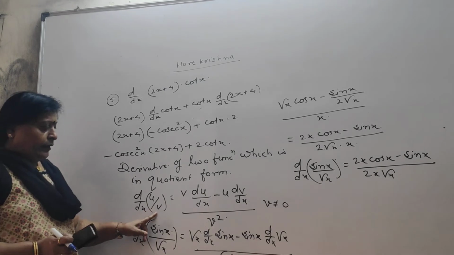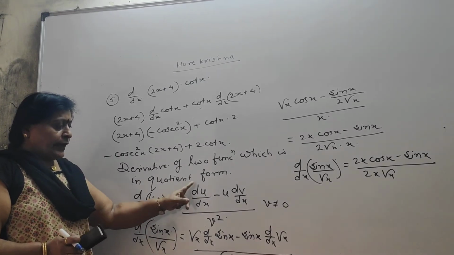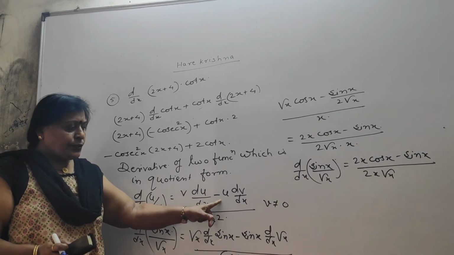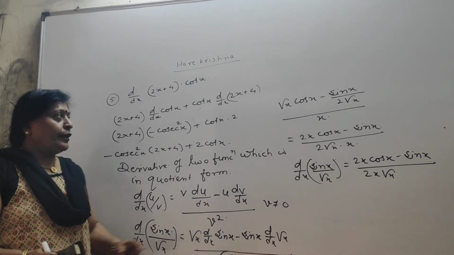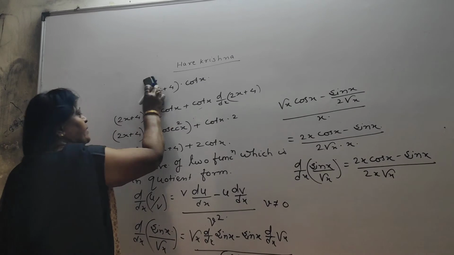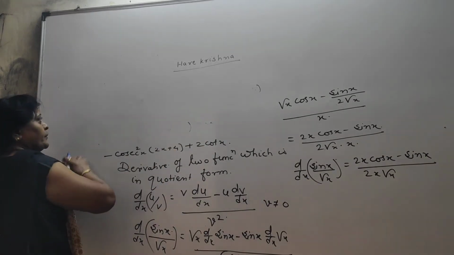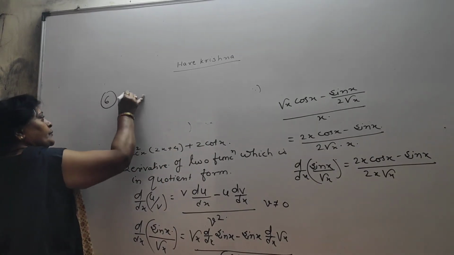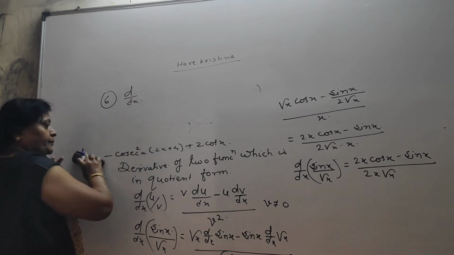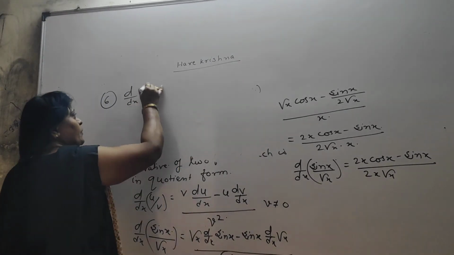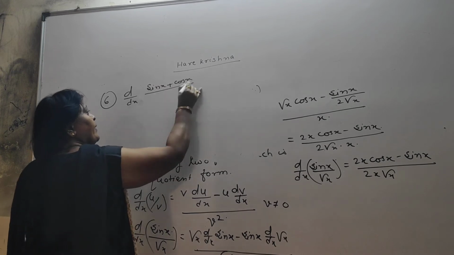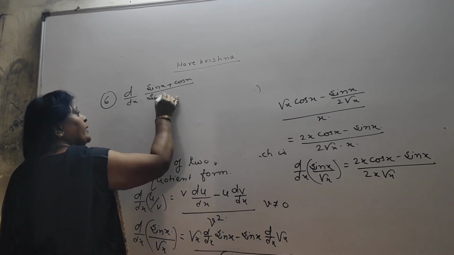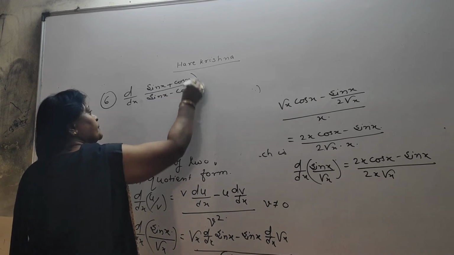Isn't it? Again here, denominator remain as it is. Take the derivative of numerator minus numerator remain as it is. Take the derivative of denominator divided by denominator square. Again take one more example. Here, d/dx of (sin x plus cos x) divided by (sin x minus cos x).